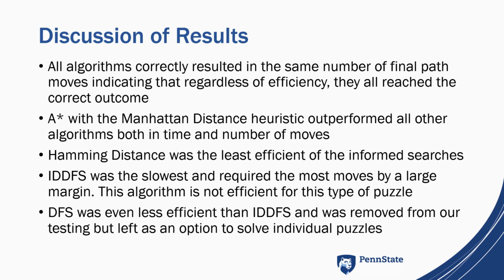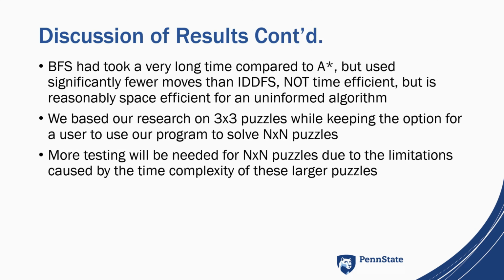Larger puzzles presented computational challenges due to the exponential increase in possible states, requiring more testing for future improvements. While BFS was slower than A star, it was notably more space efficient than IDDFS, using significantly fewer moves.